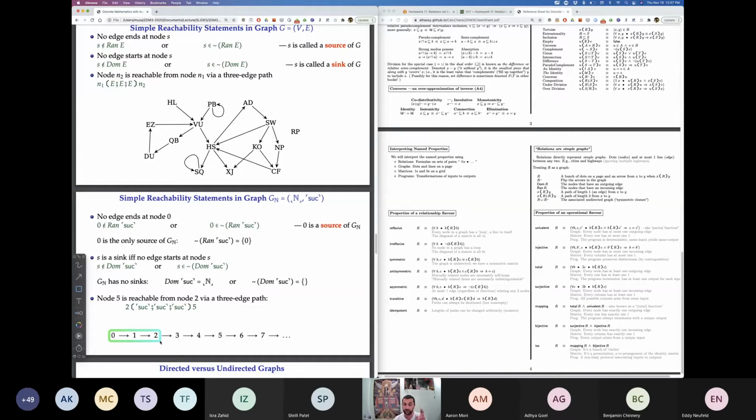So there's a 2-step path to get from 0 to 2, but I can't get from 0 to 2 in one step, so it's not transitive. Of course we would write it like this: there is a 3-step path to get from 2 to 5 because 2 plus 3 is 5. Very boring example, but just to try to get this across.